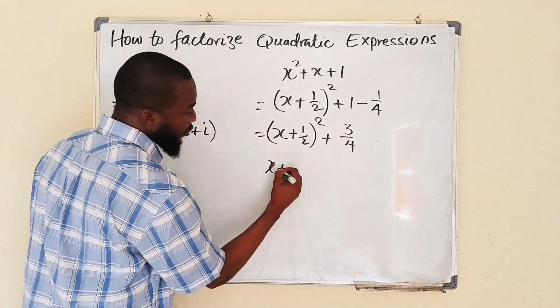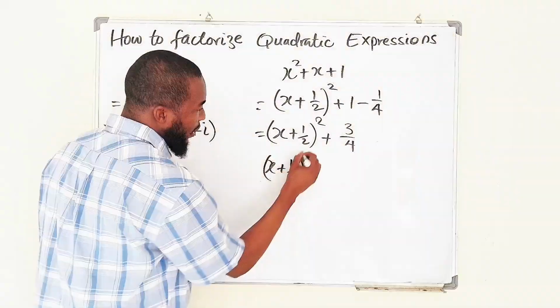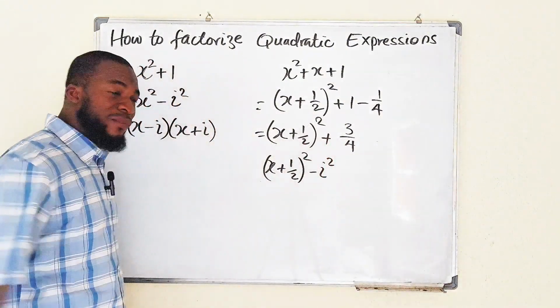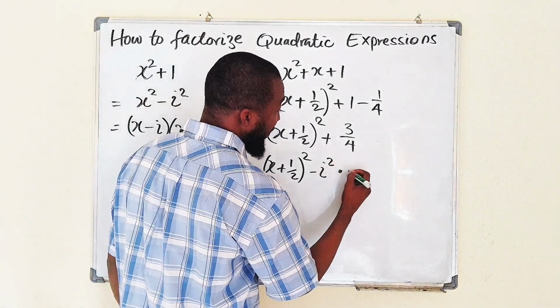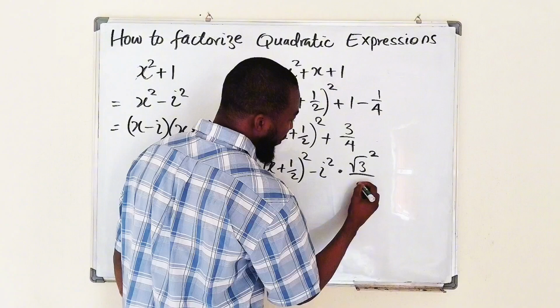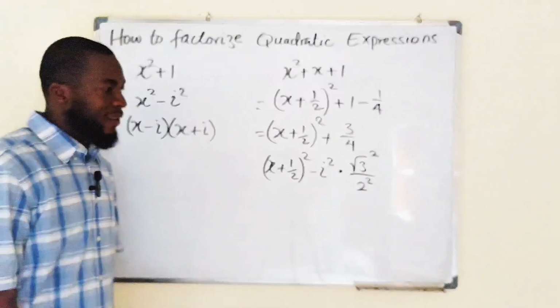This is x plus 1 divided by 2 whole squared minus I squared for positive sign. For 3, we have square root of 3 squared. For 4, we can write it as 2 squared, something like this.